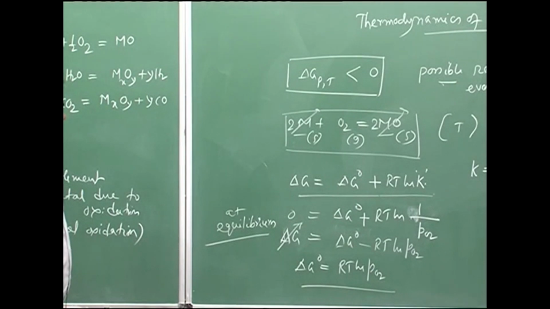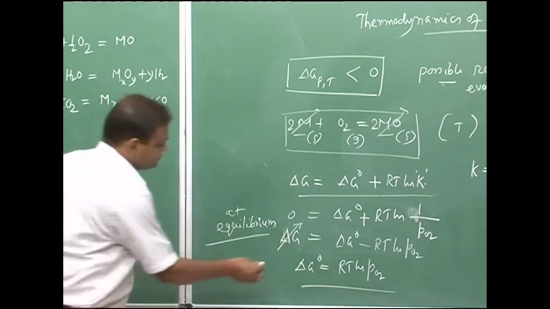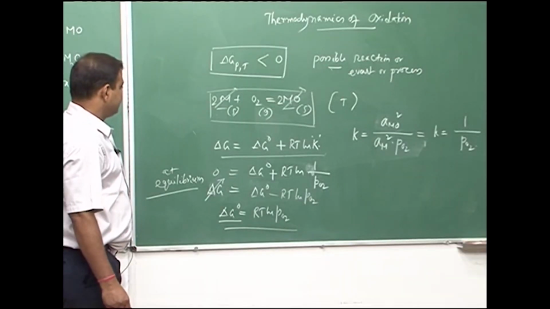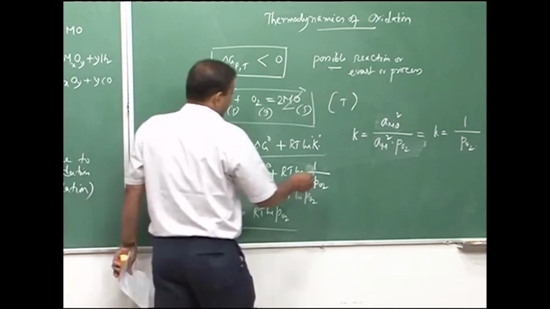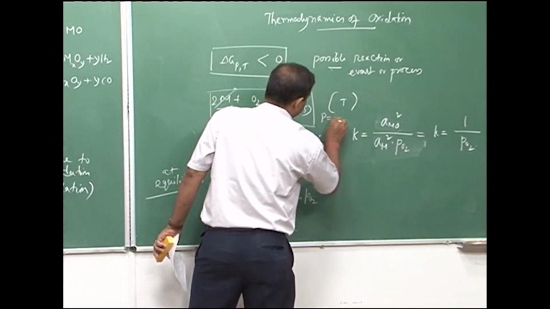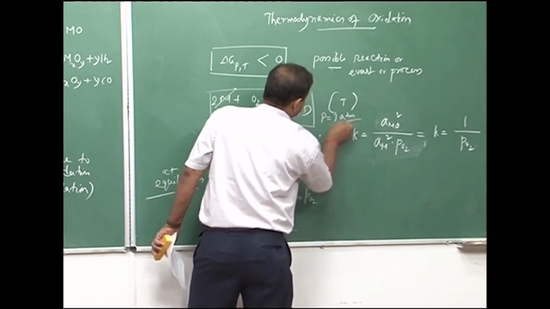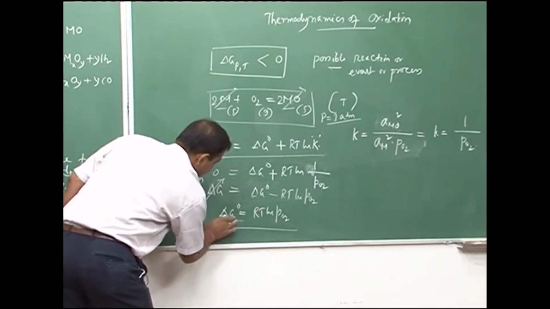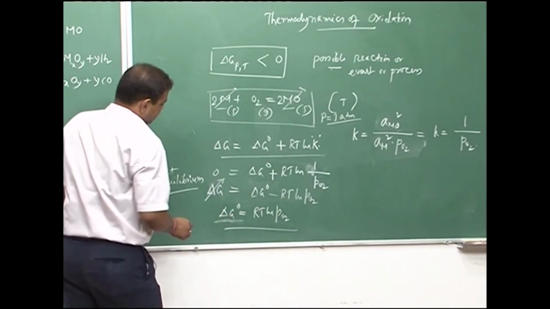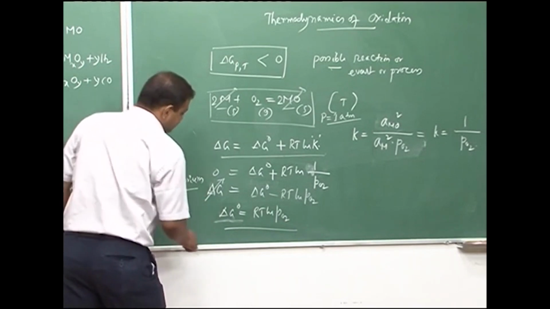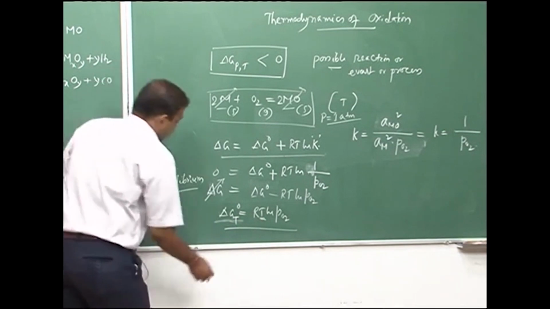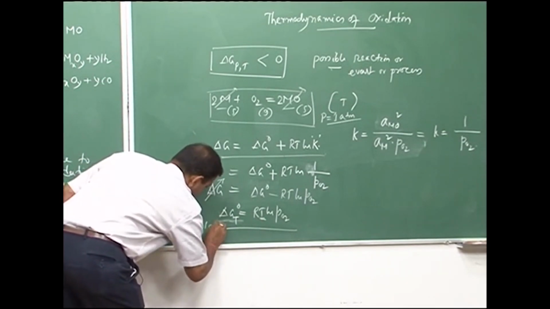So, for oxidation, this is nothing but the standard free energy change for oxide formation, when the pressure is 1 atmosphere. This is the standard free energy change at temperature T, since the temperature is T here, and the pressure is 1 atmosphere.